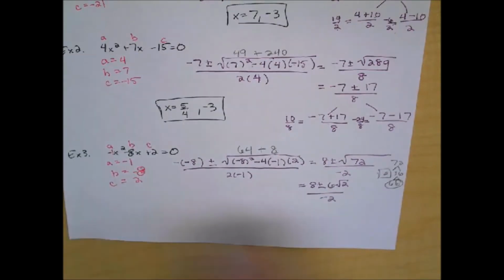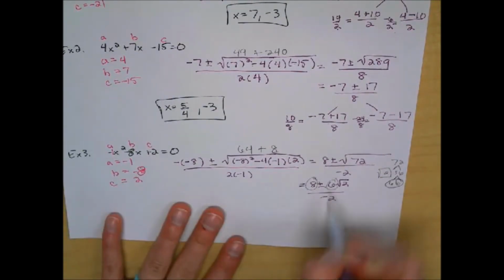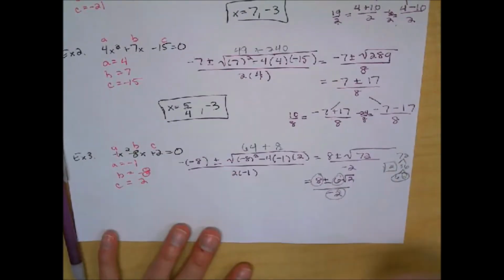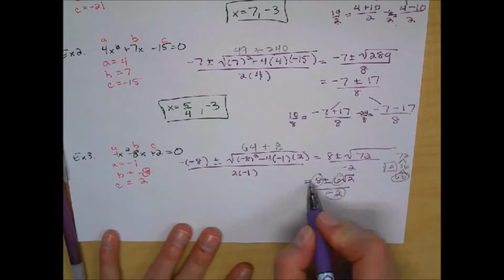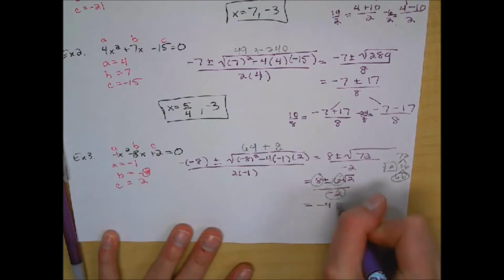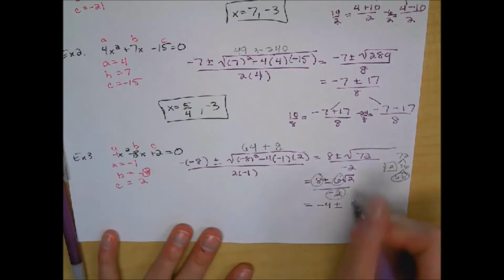I want us to look at all 3 of those numbers. All 3 of those numbers can be divided by 2. And the negative, we're just going to bring up to the top. So this is negative 4 plus or minus. Now if I bring the negative to the 6, it's going to change it to minus plus.